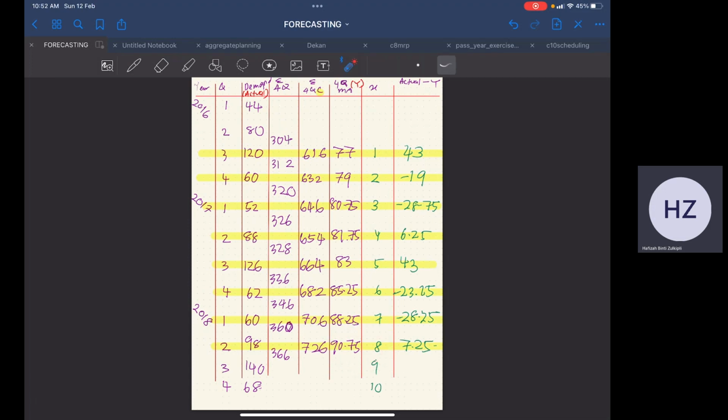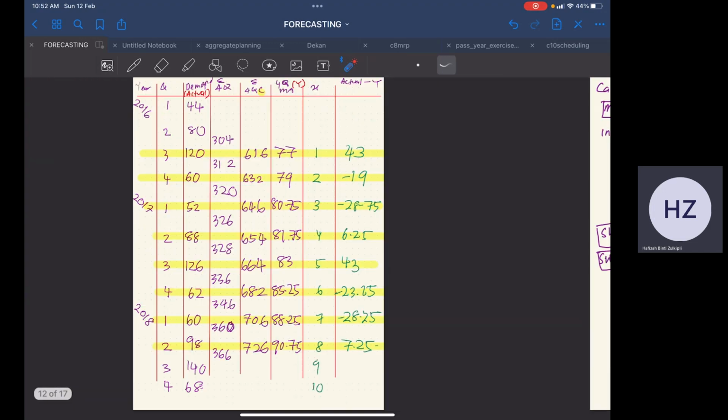So we have 1, 77 M plus, 2, 79 M plus, 3, 80.75 M plus, 4, 81.75 M plus, 5, 83 M plus, 6, 85.25 M plus, 7, 88.25 M plus, 8, 90.75 M plus.